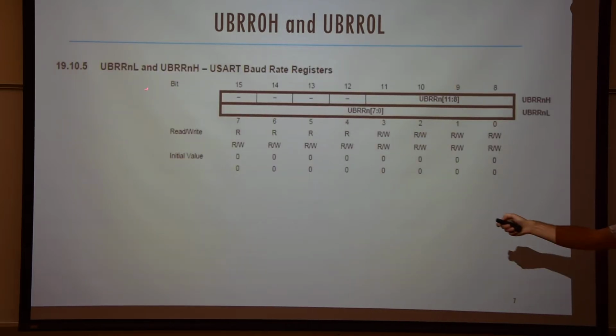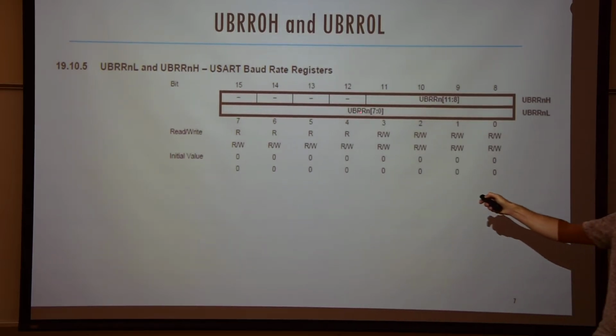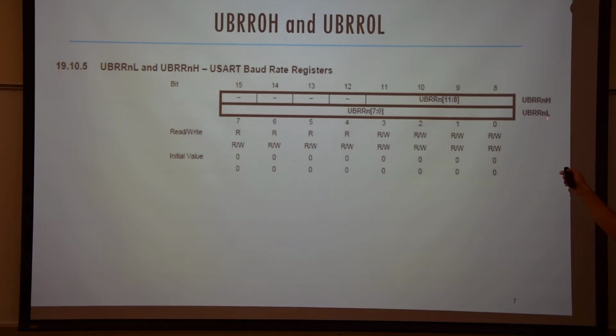So let's have a look at these 2 registers. In order to represent my 12 bits, I take the 4 bits over here, 8, 9, 10, and 11, and the 8 bits in the UBRRL register. Okay, so in the data sheet you will often see these kinds of a small n.